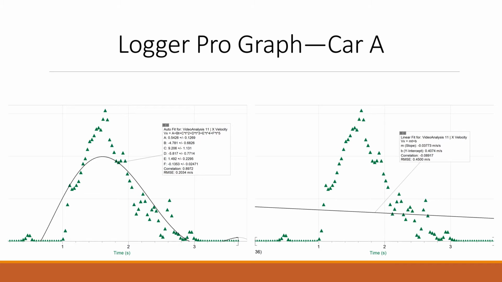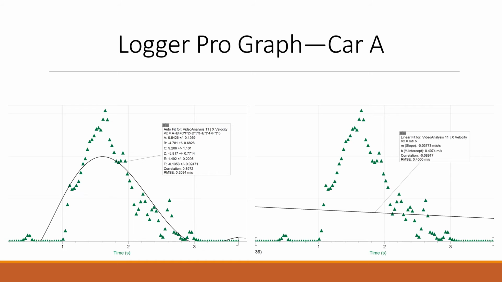Now, for the next step, I used the Logger Pro program and its video analysis feature in order to analyze the velocity time graphs. So for car A, after I inserted the video onto the program and used the video analysis, right here we can see the velocity data points.